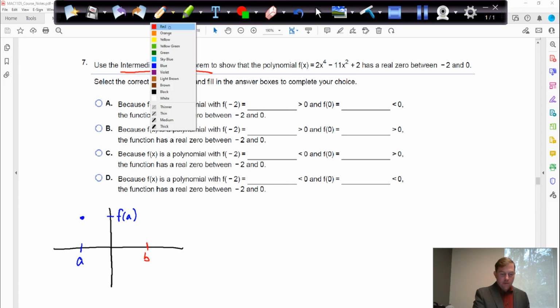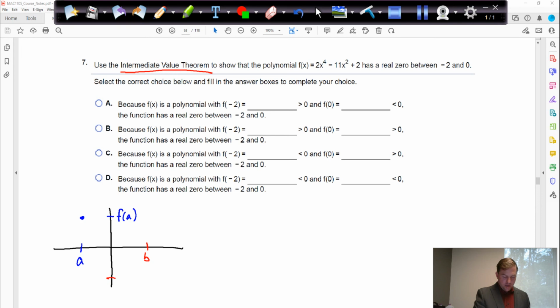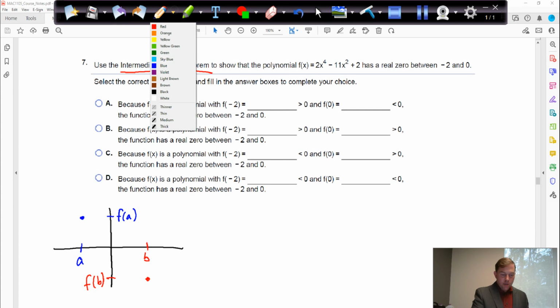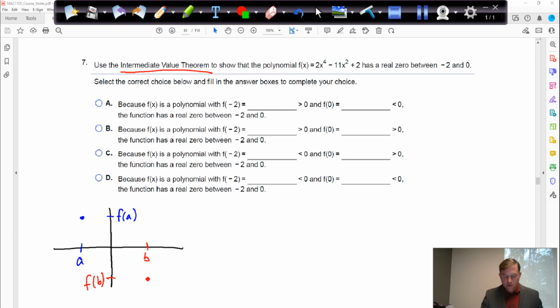And if I calculate f of B, and it spits out a negative number, what the Intermediate Value Theorem states is, the only way to get from A to B going left to right is I have to pass through the x-axis to get there. So what this means is there has to be a 0 in between A and B.